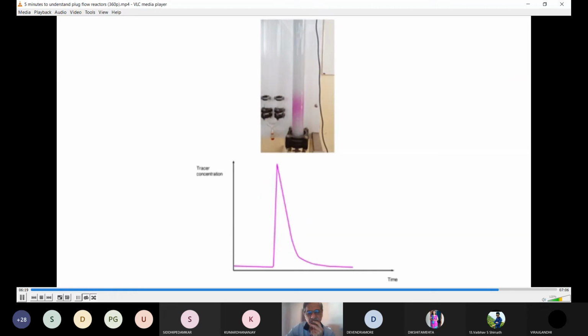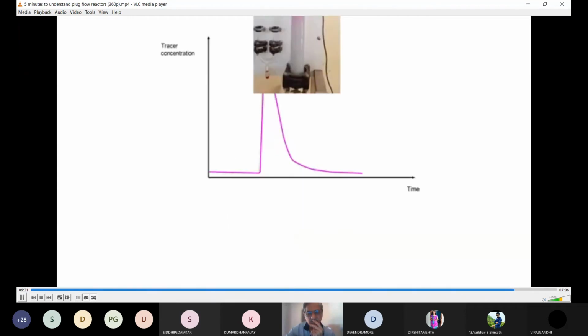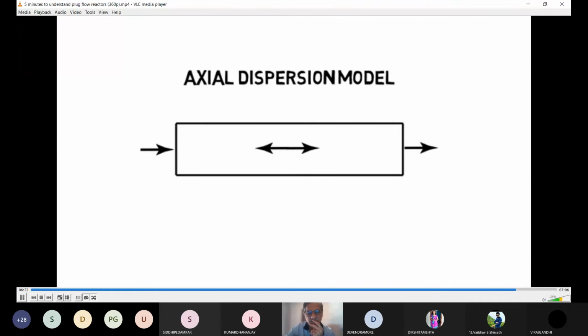This decrease in concentration is not at all instantaneous as it would be in an ideal plug flow reactor. However, it is faster than that observed in a perfectly mixed CSTR. The operation of this type of non-ideal tubular reactor can be represented with the axial dispersion model.